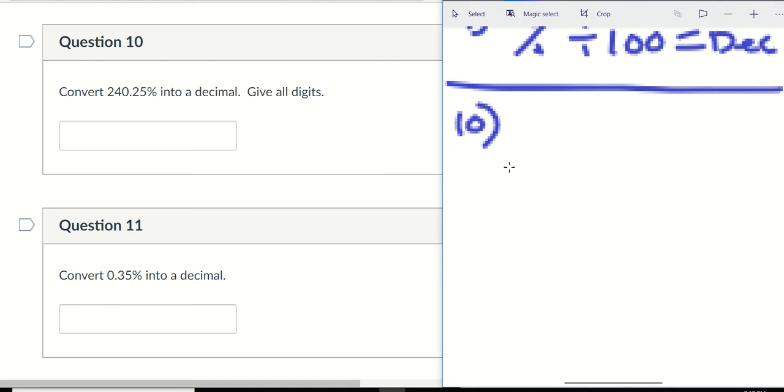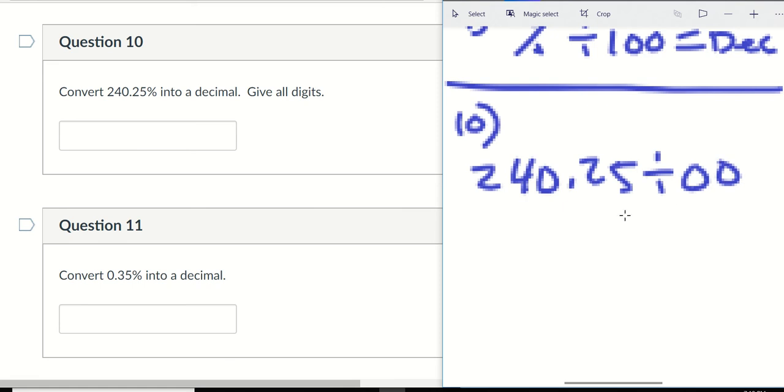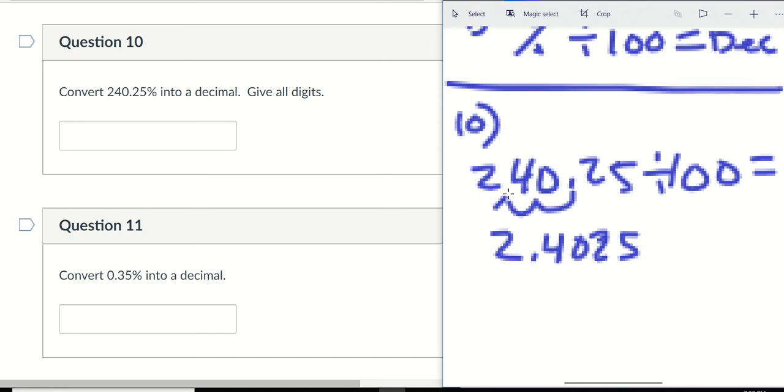Number 10, so 240.25 divided by 100. What do you get? 2.4025, right? And it says give all the digits. So conversely, you can move the decimal point 2 spaces that way.